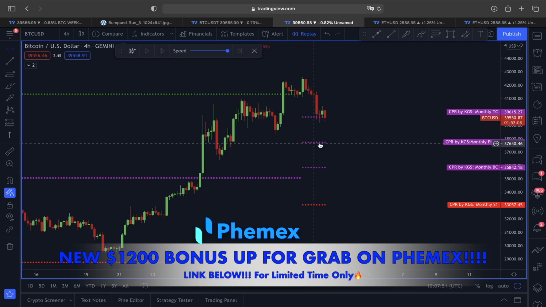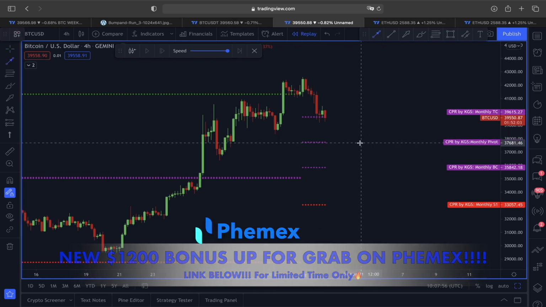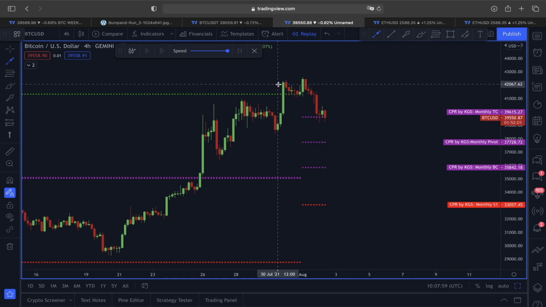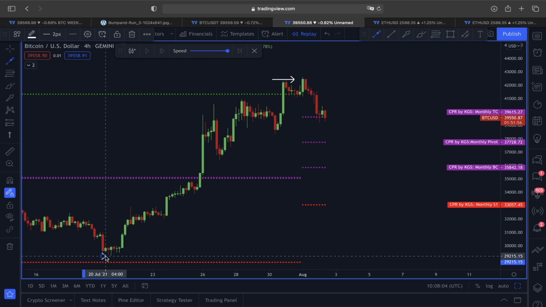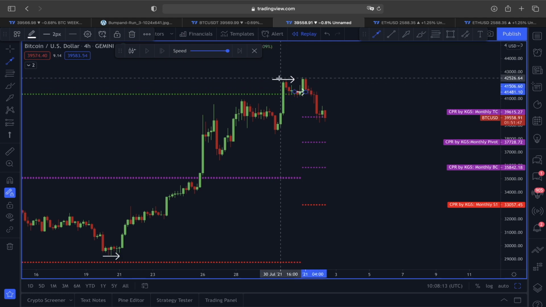Let me show you how this central CPI line was placed, because to find out where the central CPI is going to lie, you first have to find the highest and lowest from the previous month and where the candle actually closed. So on the 31st of January, the candle closed somewhere around 41,500. The top was around 42,400, and the bottom here was 29,200 to 29,260, right? This price range.